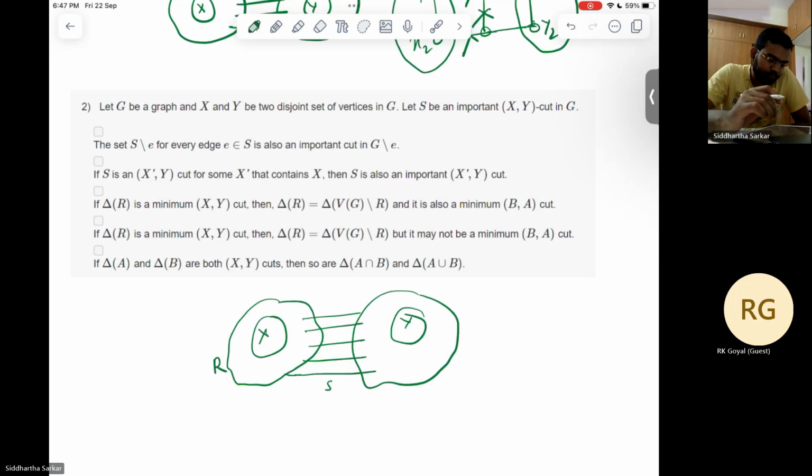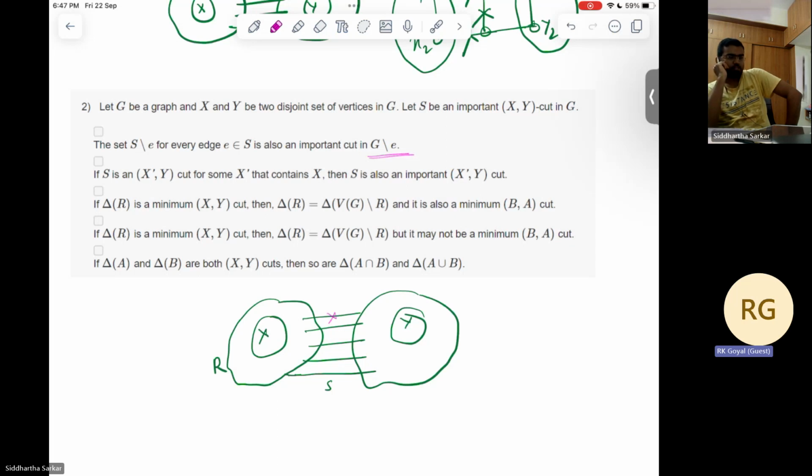Now we are asking: if you remove one of the edges from S, let us say we remove this one, so S minus E, is it also an important cut for G minus E, for this graph? So they are transforming the graph by removing this edge.